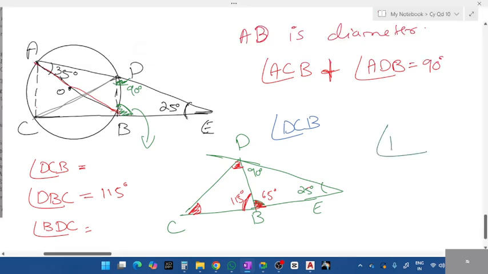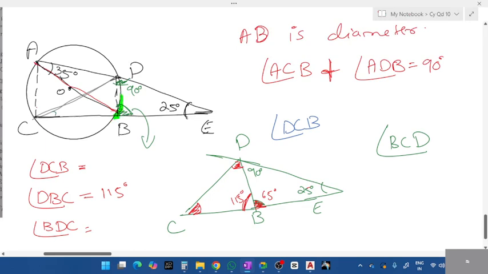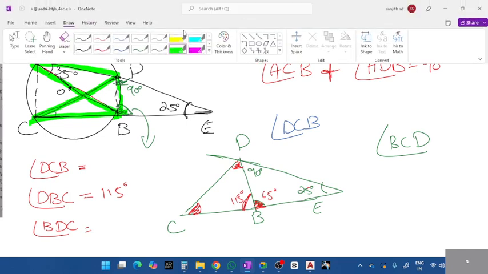So for triangle BCD, which is the arc for BCD? BD is the arc. On the same arc, what is the other triangle formed? What are the two triangles we have? No, no, BAD. So which two angles are equal here?